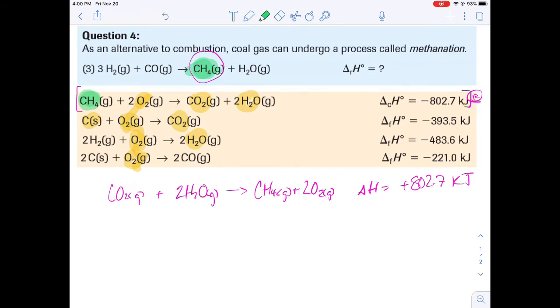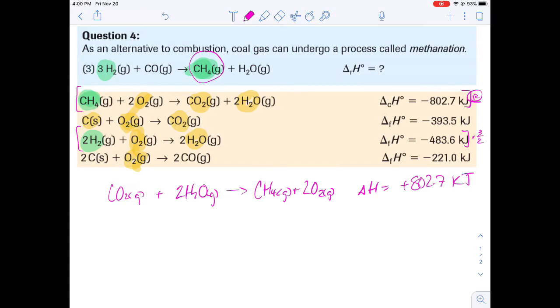So I'm going to scooch down to this third reaction, and I want 3 hydrogens. I have 2 hydrogens here. So I want the hydrogens in the reactants, which is good, but I want a coefficient of 3 instead of 2. So I'm going to take this reaction and multiply it by 3 halves.